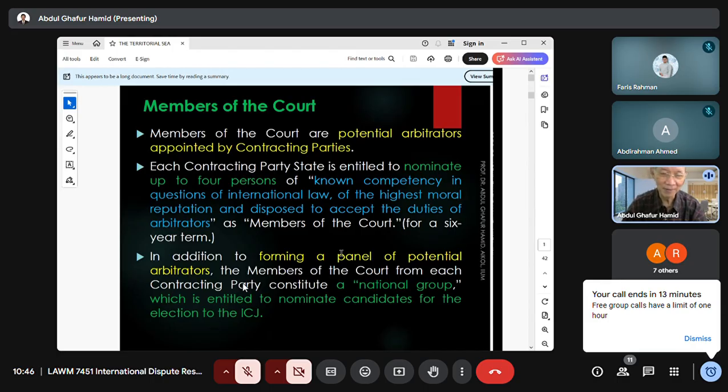So these persons nominated by each contracting state establish the members of the court, and they are nominated for a 6 year term.